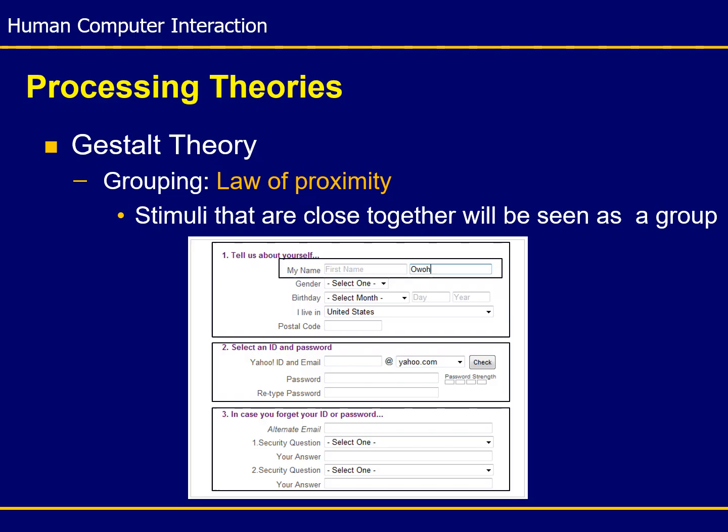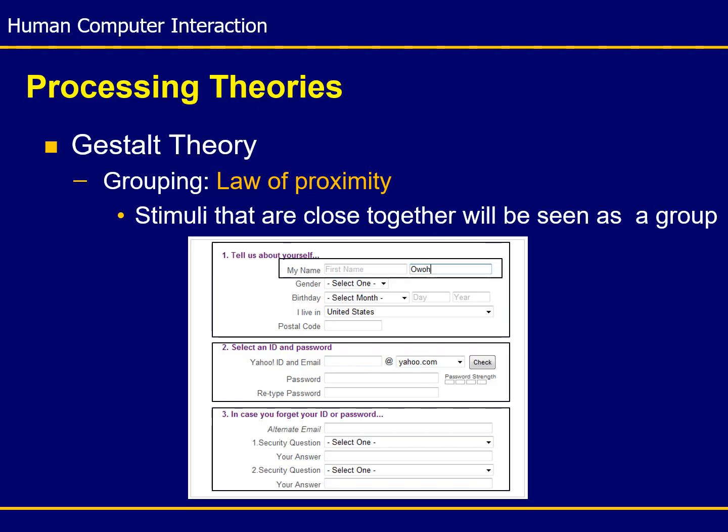Now there is something else here. If you look closely, the distance between the labels and the next line is not the same. What you're seeing, my name, first name, and then the last name, because the distance looks smaller, even by a few pixels, they look as one unit.